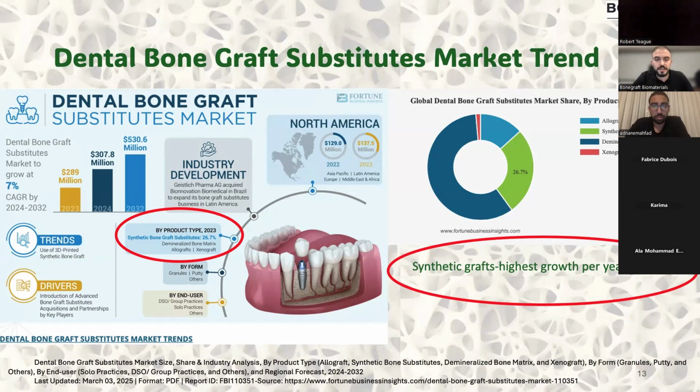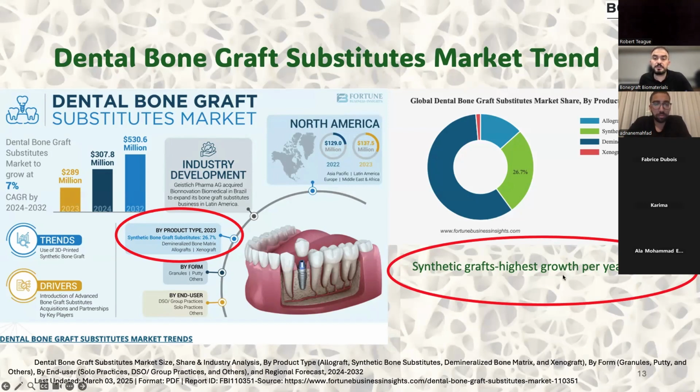When you look at that, already in 2023, for dental applications, synthetic bone graft usage reached 26.7%. As you know, allografts and xenografts used to be dominating in the field, but now 26% is already covered by synthetic graft application.